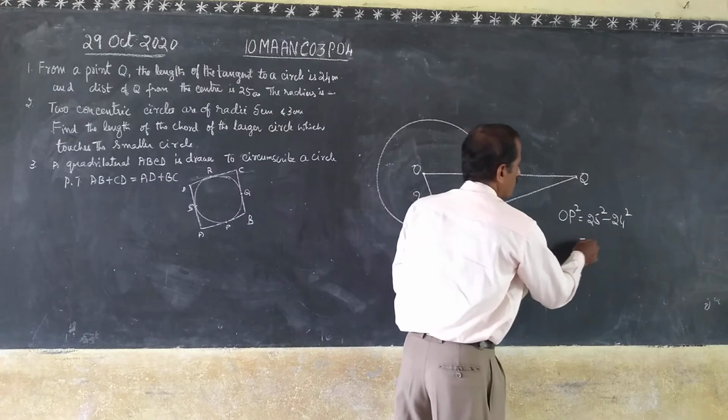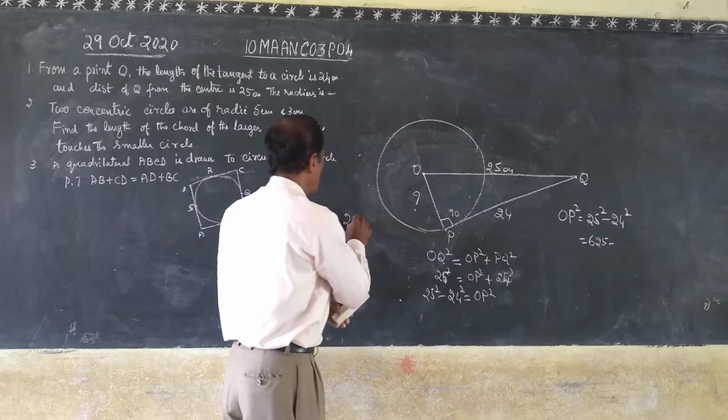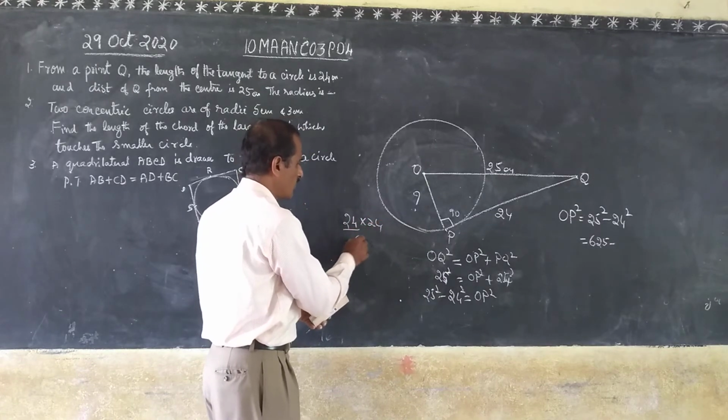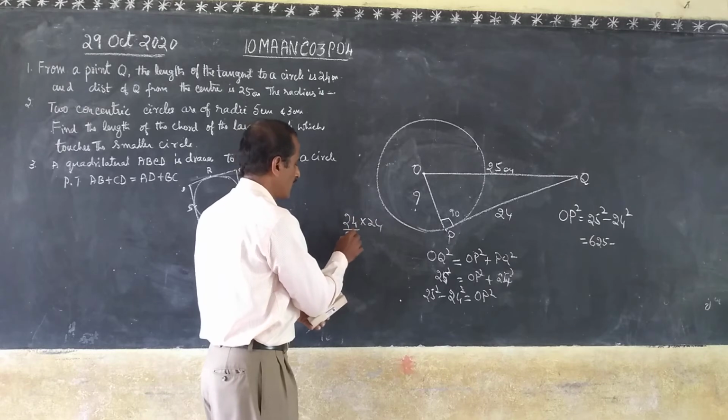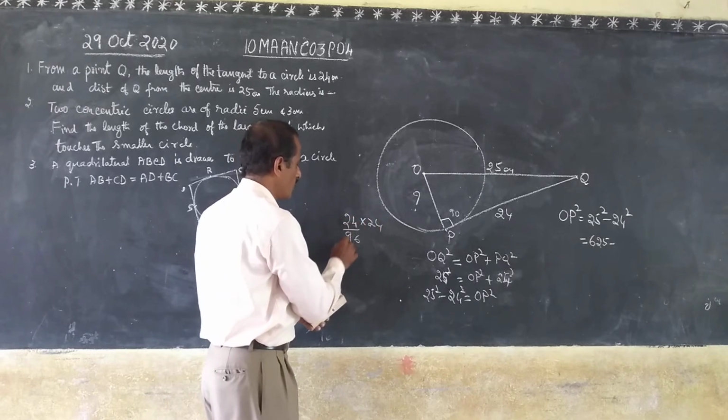So, what is 25 square? It is 625. And 24 square is 24 into 24. 4 fours are 16, 1 carried, 4 twos are 8 plus 1, 9. 2 fours are 8, 2 twos are 4.